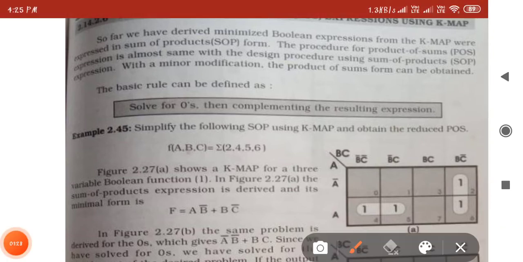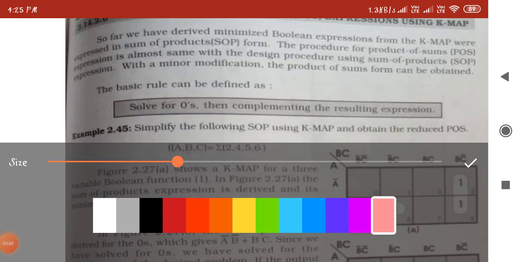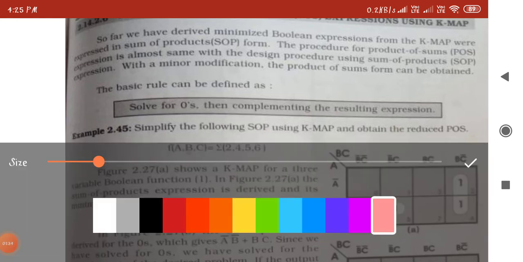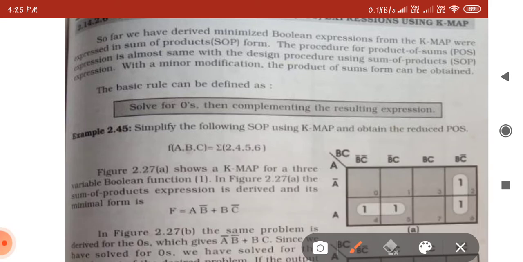Can we write it? 2 is 0 1 0, 4 is 1 0 0, 5 is 1 0 1, and 6 is 1 1 0.